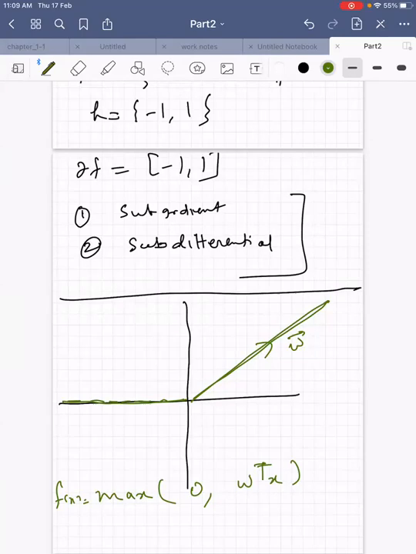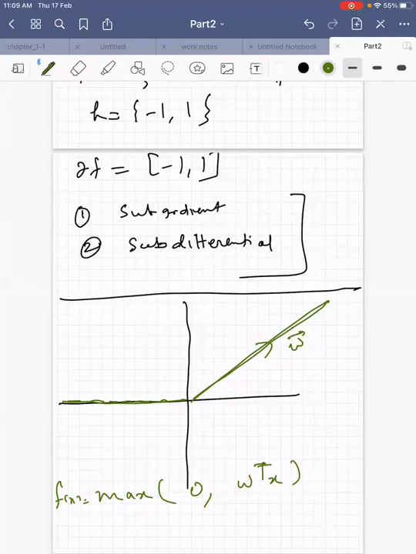Then we need to take the double differential, and if it is greater than 0, then we can say that. But you can't differentiate this, it is a max function. First of all, is this a differentiable function? It's not differentiable at 0, so you can't take the double differential.